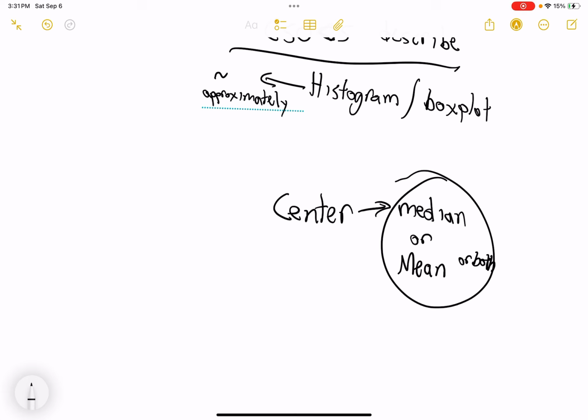So if I'm comparing two distributions or a data set in a distribution, remember to use center to compare overall height, weight, whatever the measure is, overall value. That's the word I'm looking for. The overall value. This is very obvious, but I wanted to be very clear and upfront about it.